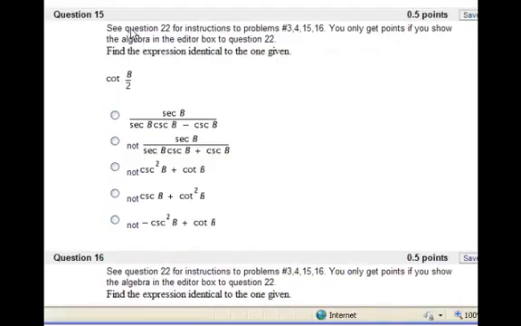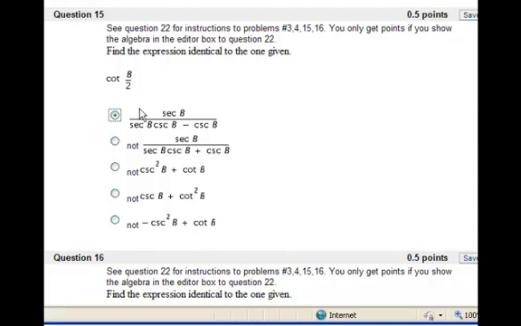I'm not going to do 15 and 16 because that's what I showed earlier for problem 3. What's happening here is that this used to be a multiple choice question, still is, with me giving away that the answer is the first one.